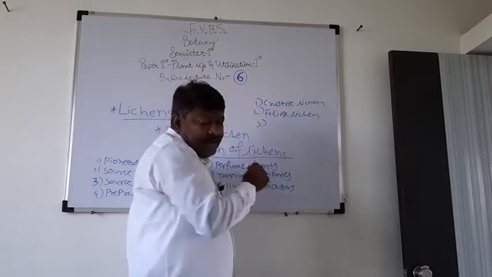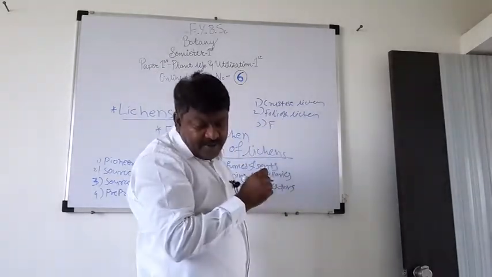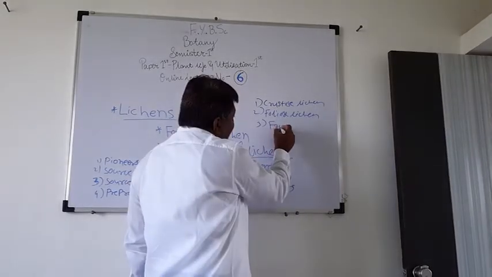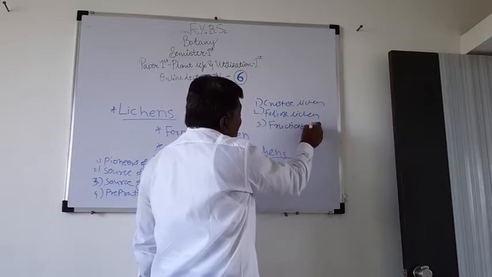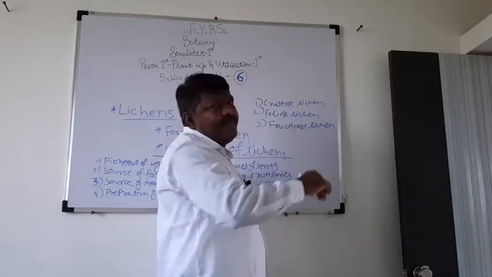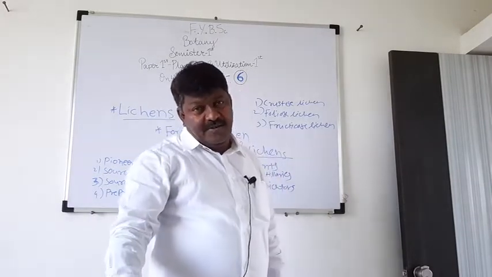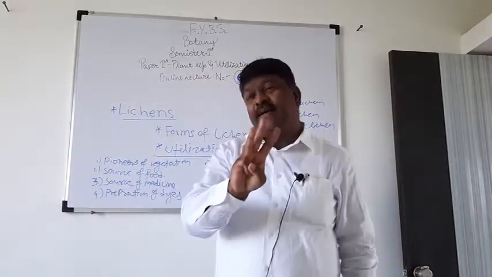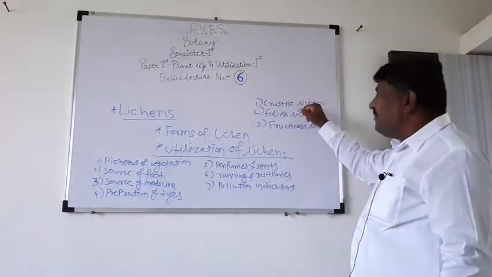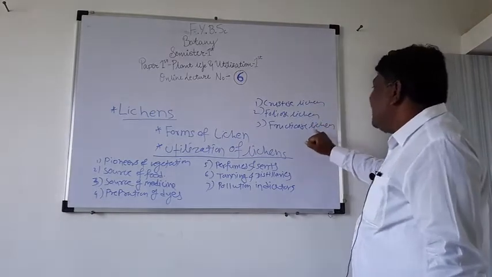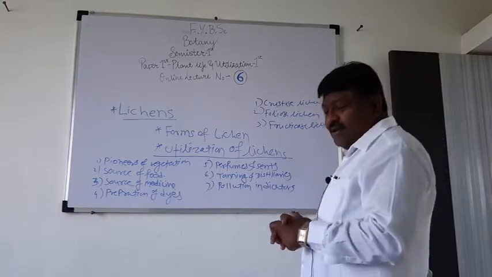And the third type is fructicose lichen. Understand? On the basis of morphology, there are three types of lichen, such as crustous lichen, foliose lichen, and fructicose lichen. Of these, first we discuss about crustous lichen.